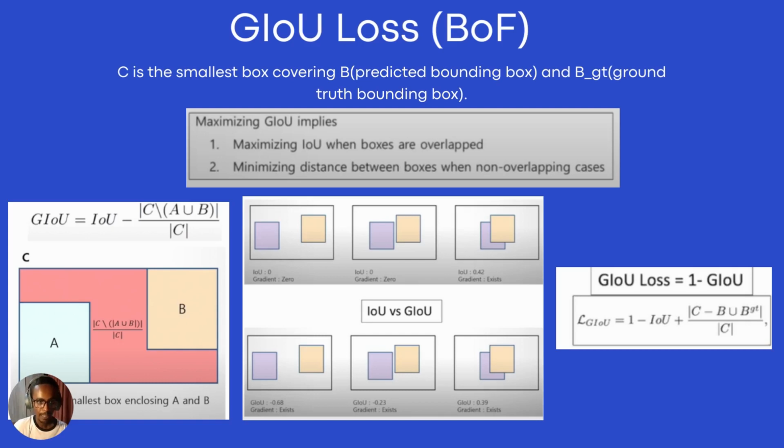So we need to maximize the IOU in order to maximize the GIOU.